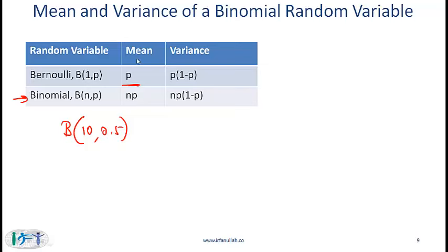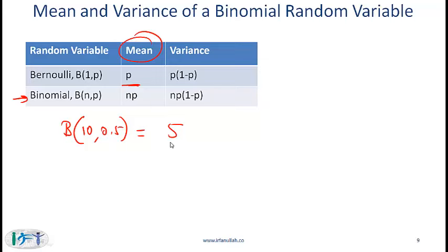So when we talk about the mean, the question is this: if you were to flip a coin 10 times, what is the expected number of successes? Intuitively, you can say that the expected number of successes is 5, because 10, which is the number of coin flips, times the probability of success with each coin flip, 0.5. The mean or the expected value is 10 into 0.5, which is 5.